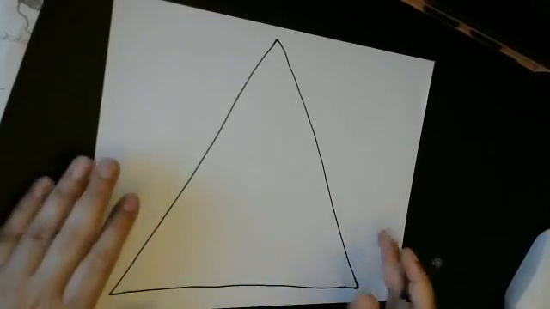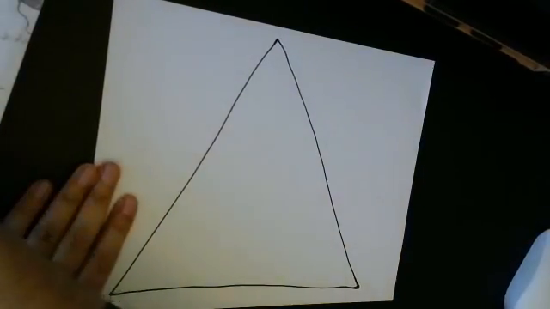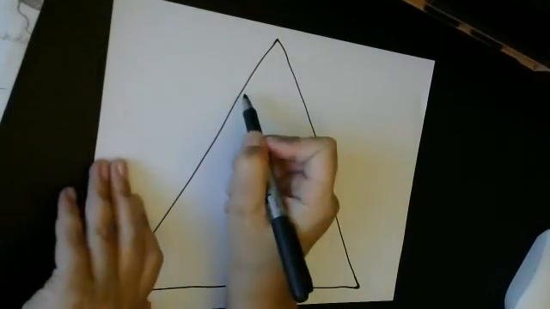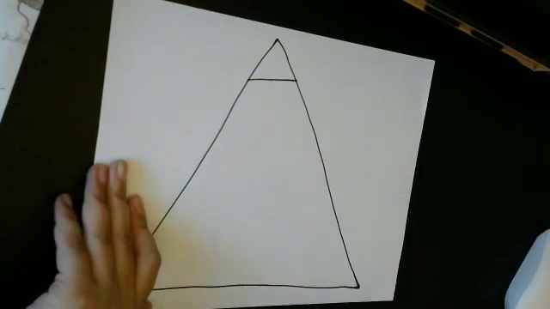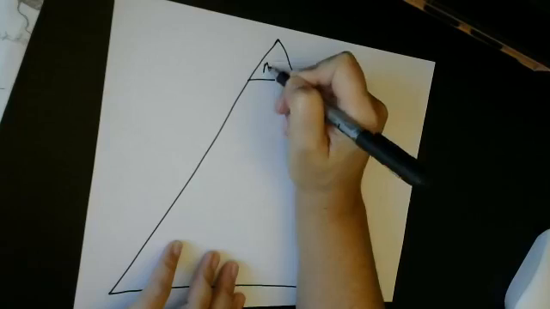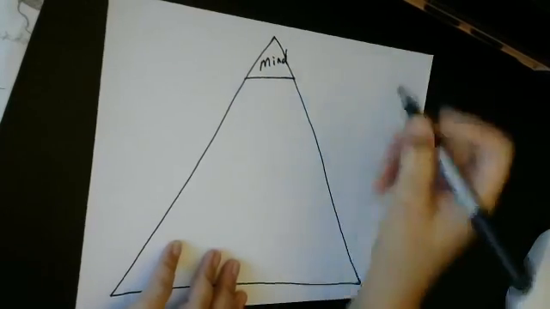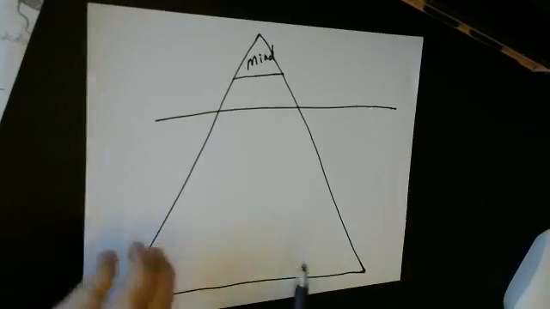So the pyramid starts on the very top, okay? What's on the very top? The top of the pyramid is the mind. What is the mind? Basically we have three major sections in the pyramid.